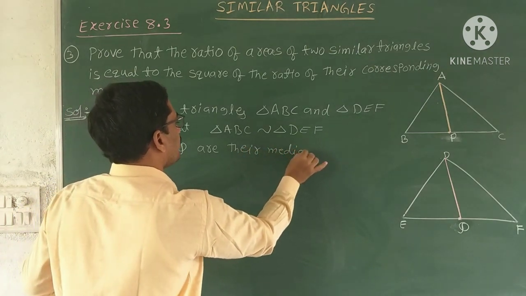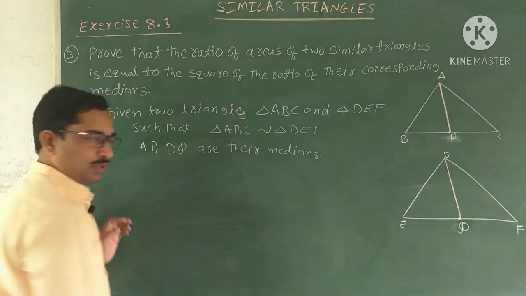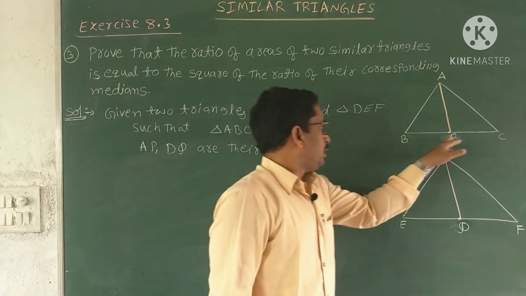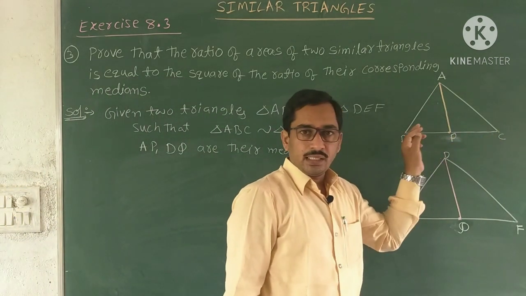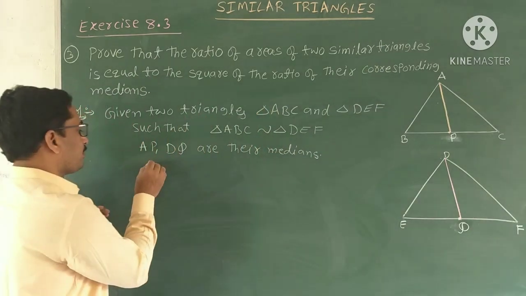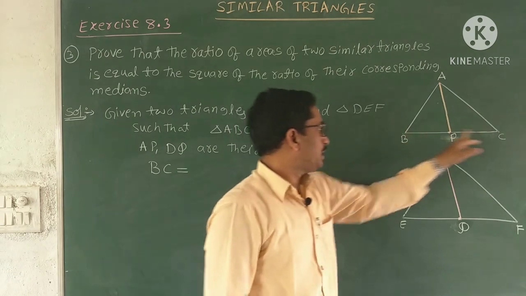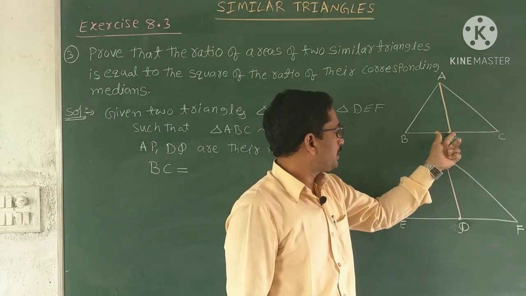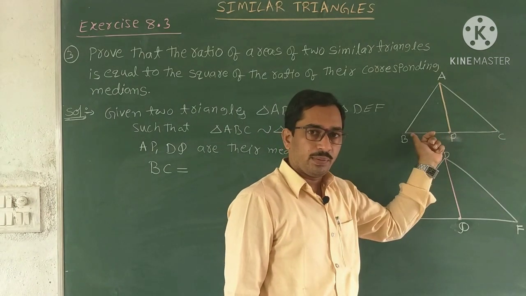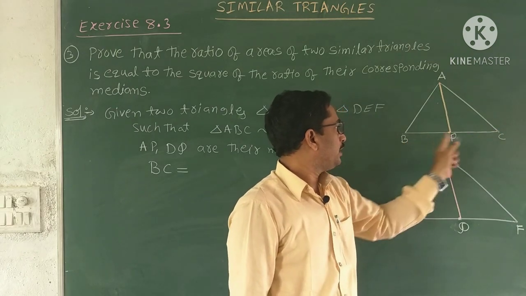If they are the medians, then I use the median concept. Here P is the midpoint of BC, so the complete length BC is written as BC equals, B to P distance is the same as P to C, so BC is written as 2 times BP.